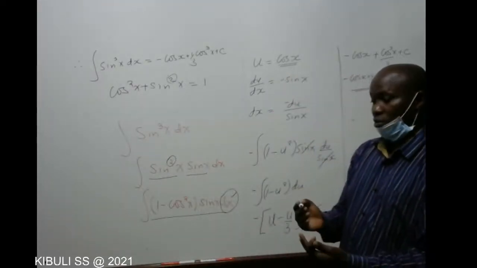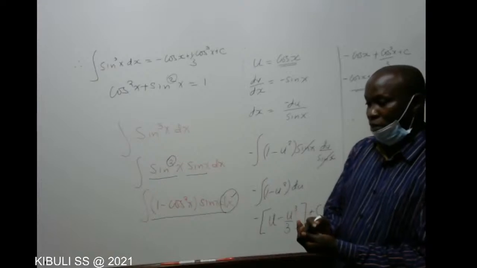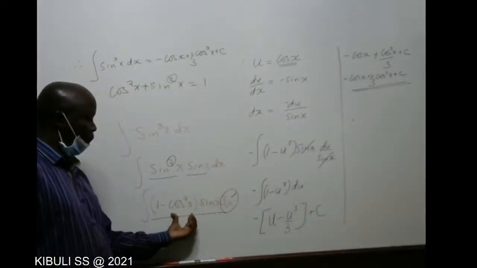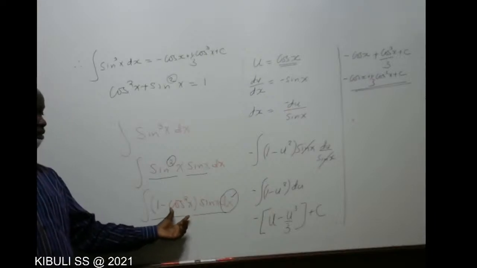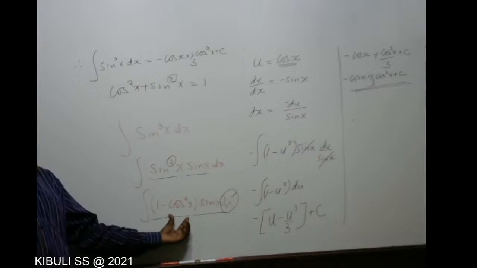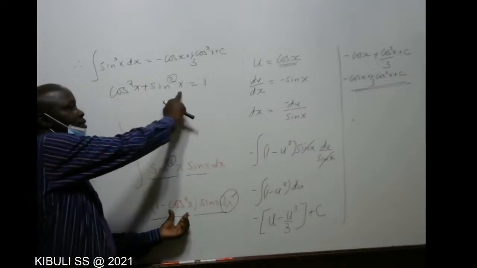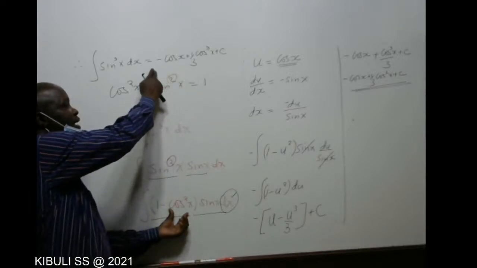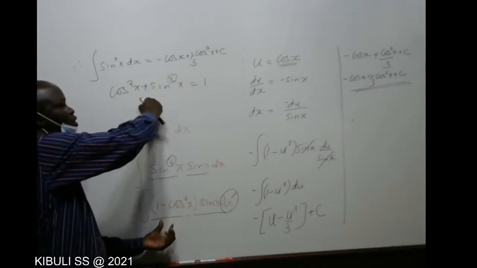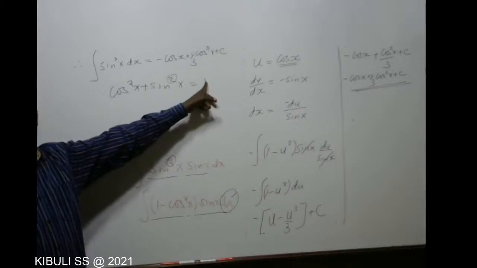So at the end of it all, I must implement that principle by changing sine squared x in terms of the Pythagoras theorem. I'm using this identity, making sine squared x the subject, so cos squared x goes to the right-hand side to become negative.